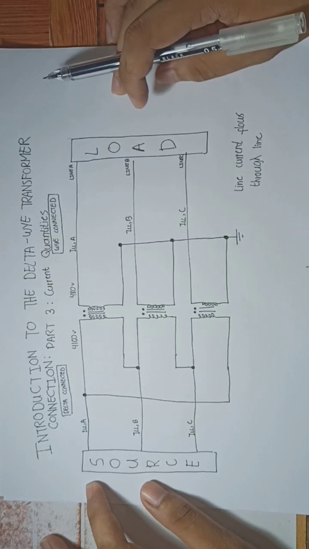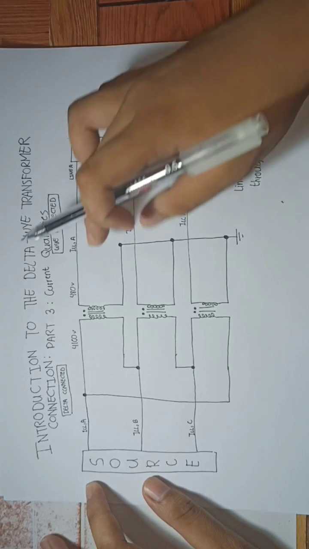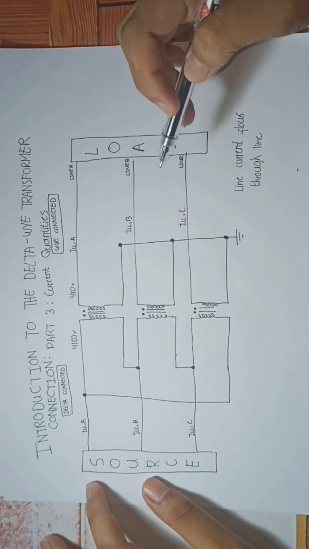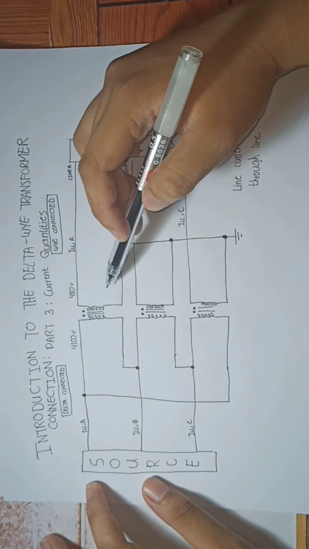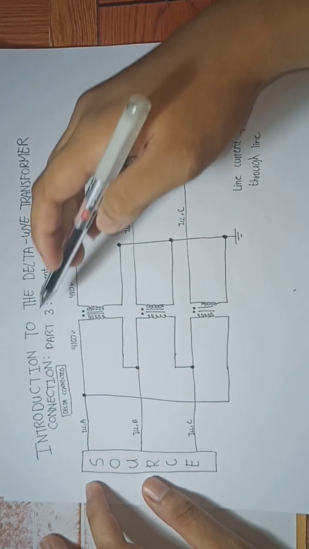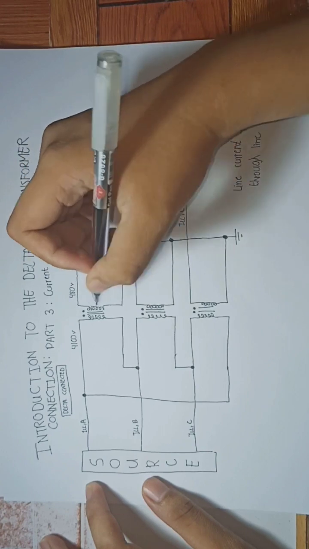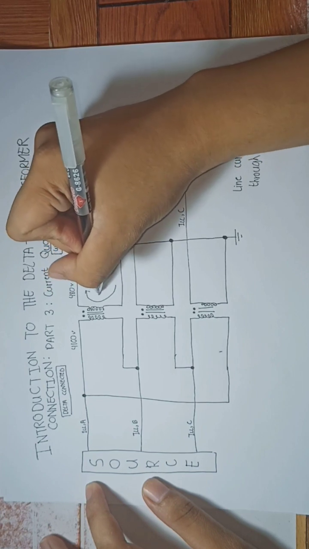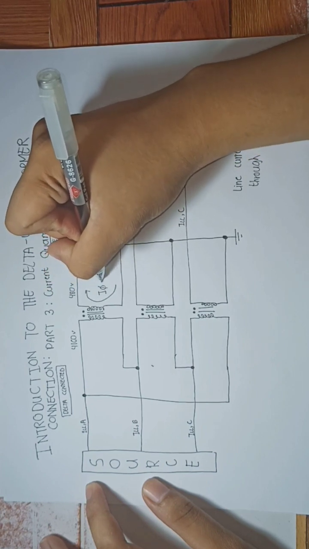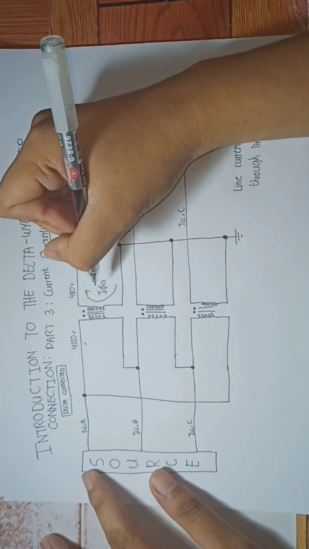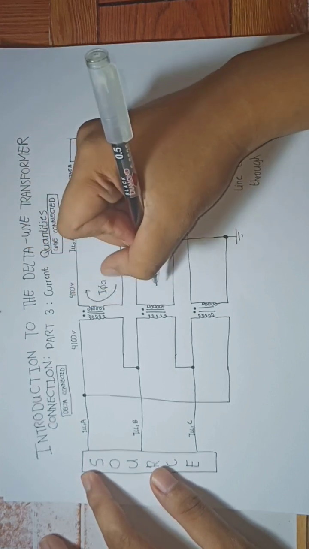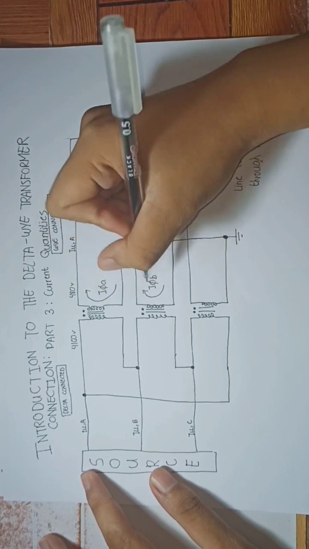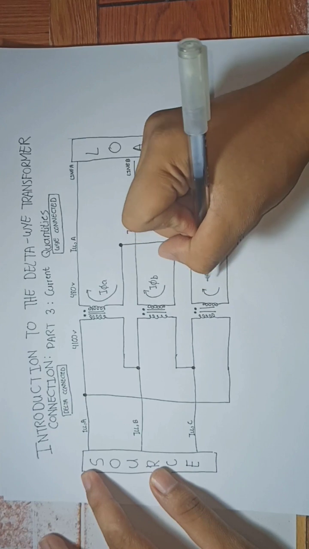So let's start on the secondary side, where our transformer is connected in Y. We should expect phase A current to come from winding A and flow to our load, and similarly for phase B and C currents.